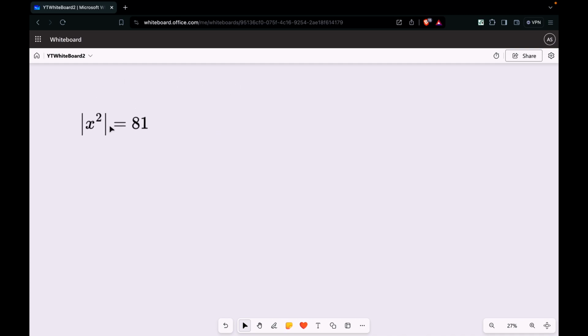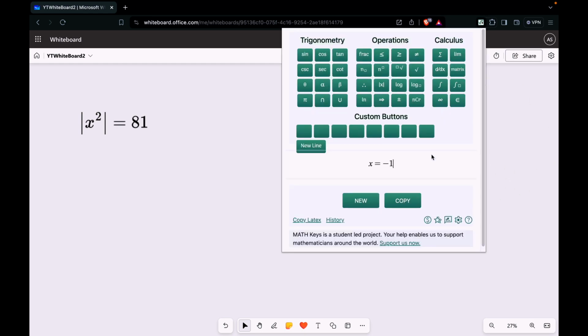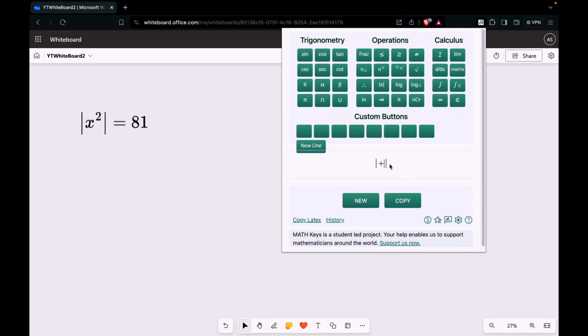x squared is equal to 81. Now, this is kind of special, but there's this law surrounding squares that no value squared can be negative. Now, absolute value, I forgot to explain this, but the way the absolute value function works, if I have the absolute value of a positive number, I'm just going to represent this by a plus.